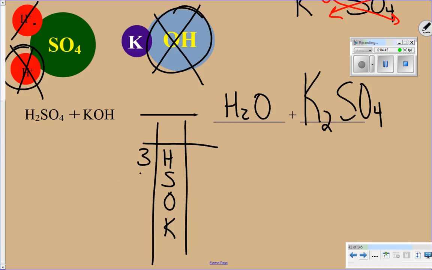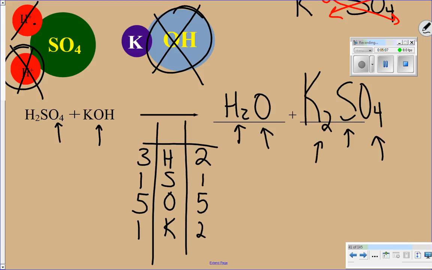I have 1 sulfur, and I have 4 plus 1 gives me 5 oxygens, and I have 1 potassium. On the other side, I have 2 hydrogens here, 1 sulfur here, 4, 5 oxygens and 2 potassiums.